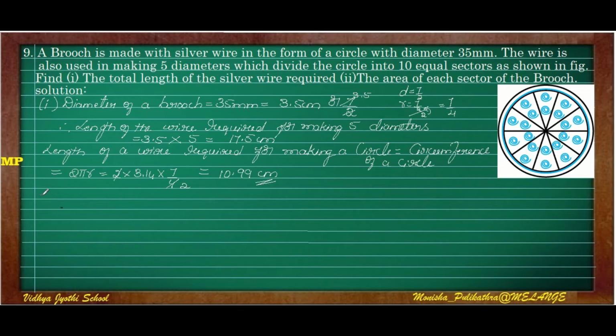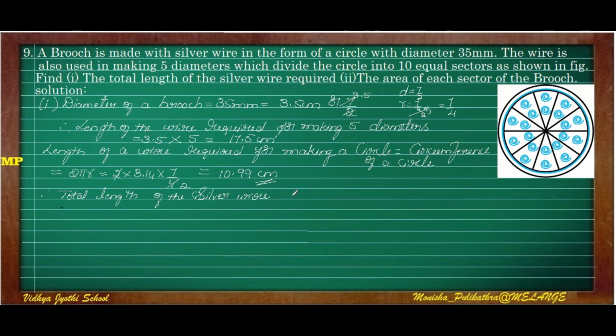Okay. Now we have to find out the total length of the silver wire. The total length of the silver wire, you can see that we have to make it into 5 diameters and also the circle.